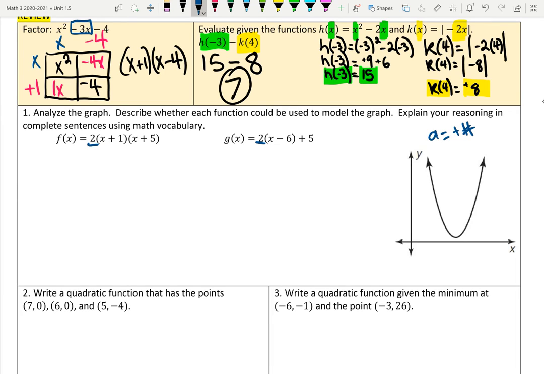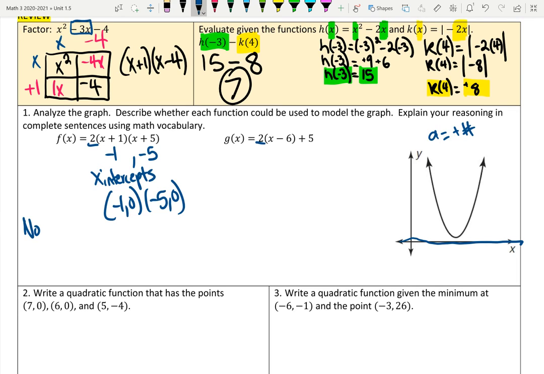This guy is in factored form, telling me that -1 and -5 are the x-intercepts. How would I represent that as a coordinate? Well, the x-intercepts are (-1, 0) and (-5, 0). Now, does the graph cross the x-axis there?